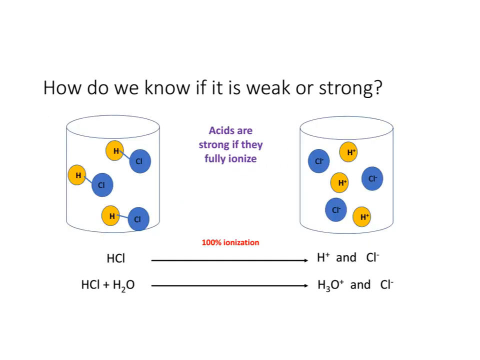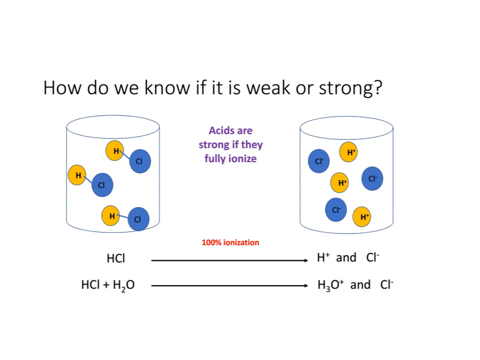Another benefit of the modified Arrhenius theory is now we can categorize bases and acids into strong base, weak base, and strong acid, weak acids. Before we said strong acids ionize 100%. Now we can say that they will react with water to form hydronium ion in a 100% forward reaction.